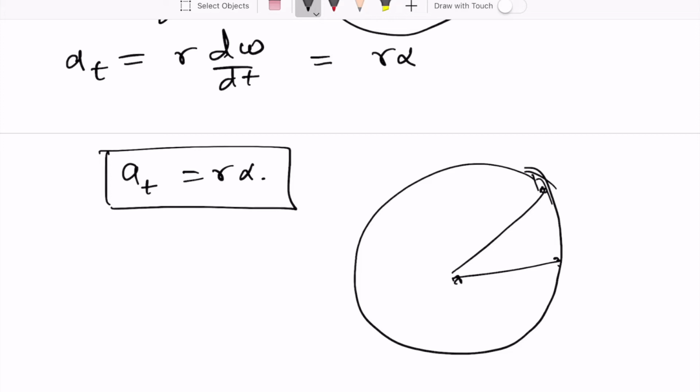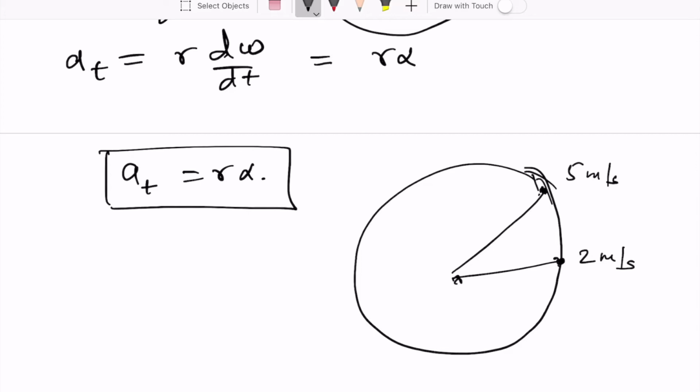And a tangential is simply the tangential component of the object's acceleration, right? The speed that it has over here is different from the speed that it has over here. Its tangential speed over here might be, say, 2 meters per second, and its tangential speed here might be 5 meters per second. Since its speed is changing in the tangential direction, there must be some acceleration in the tangential direction, and that is what we call tangential acceleration.